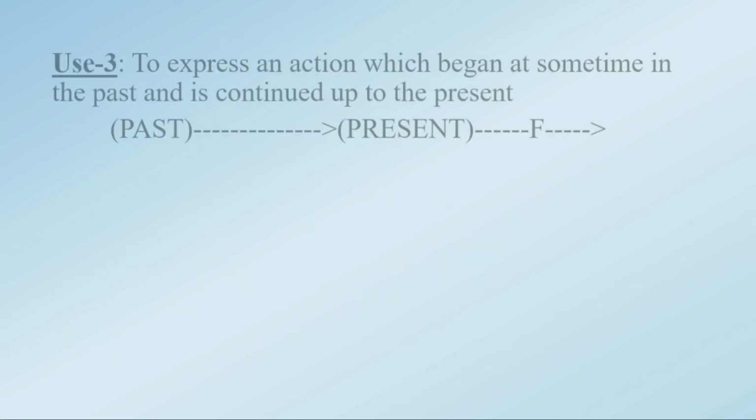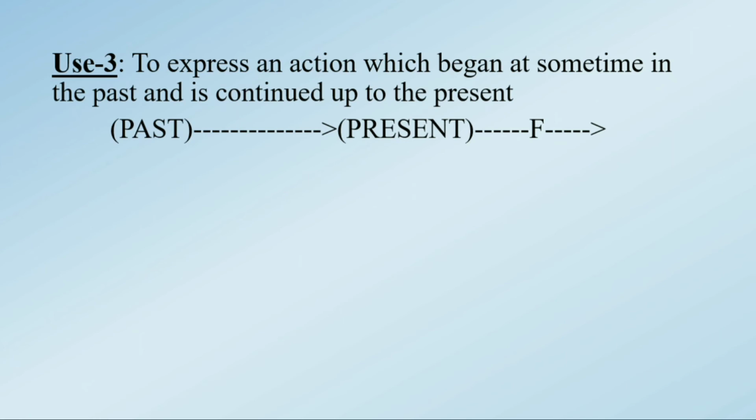Next, third usage. It expresses an action which began at some time in the past and is continued up to the present. Action began at some time in the past and is continued up to the present moment. We cannot say that it is still continued. It is continued up to the present moment. And we don't know about the future.